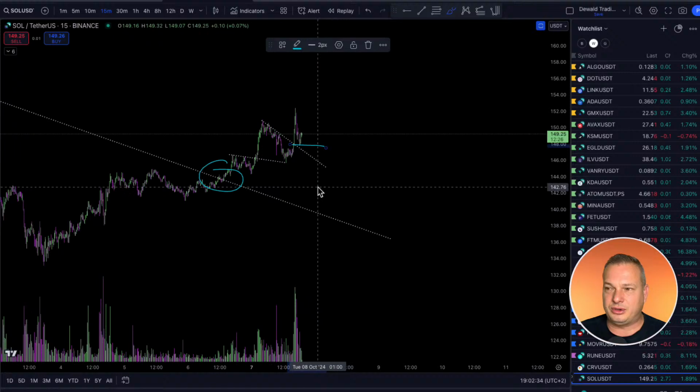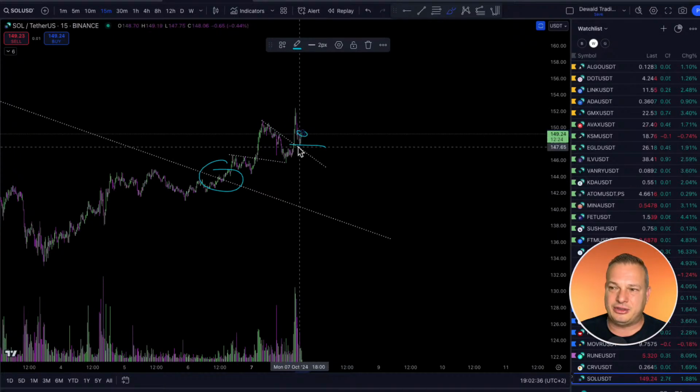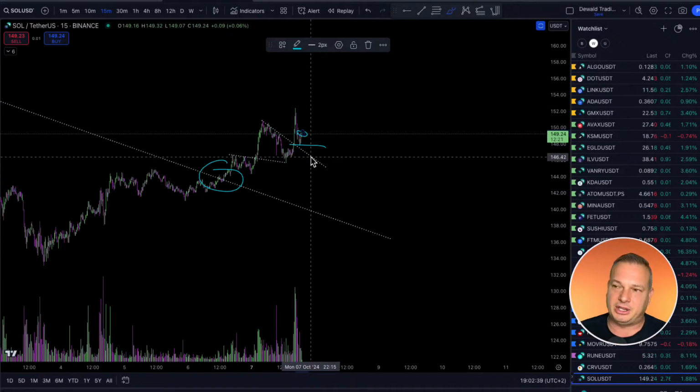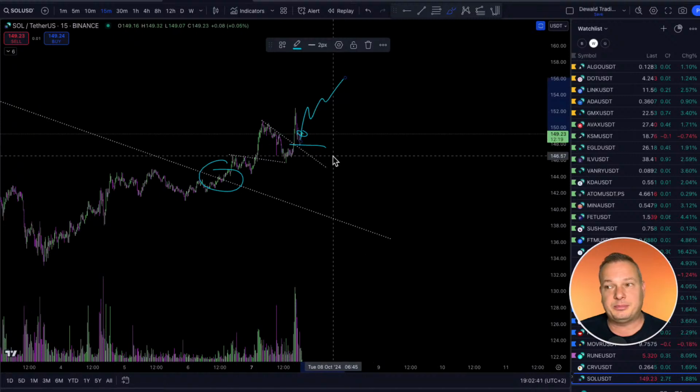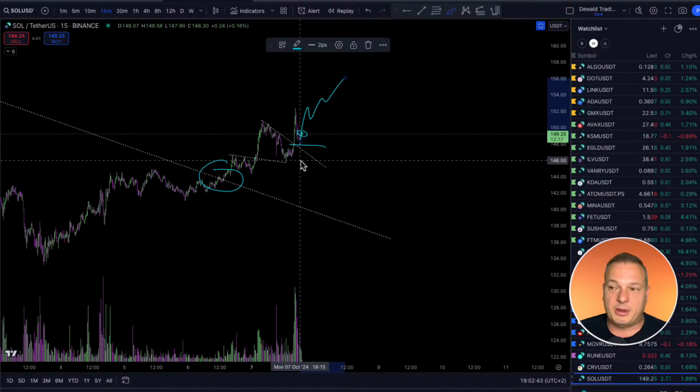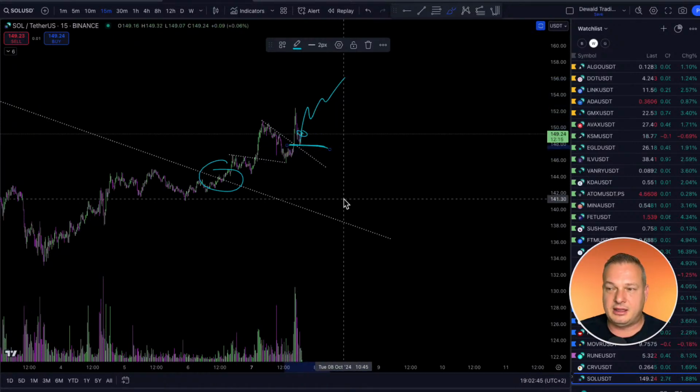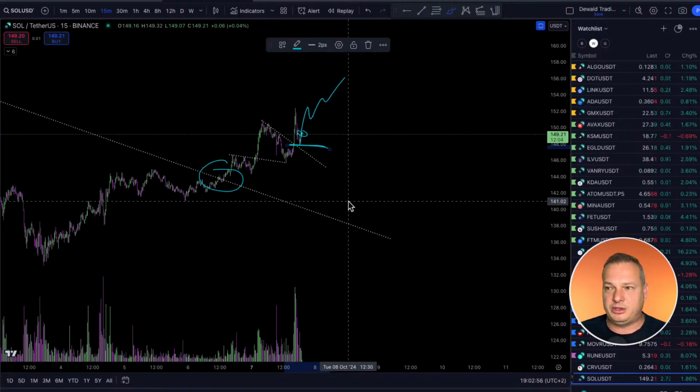To FOMO in here, now you're exposing yourself to more risk. I don't like it. Yes, it can continue to the upside, definitely. It's just not my style of trading. If I miss the level that I want to trade from, I don't enter. I look for something else. I look at a different altcoin. I wait for Bitcoin, because I know there's always another trade around the corner. I don't FOMO into trades.